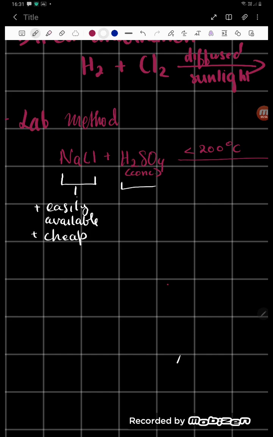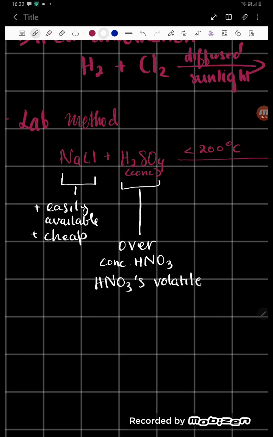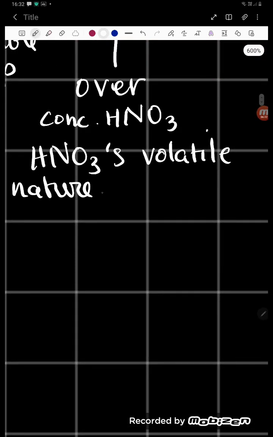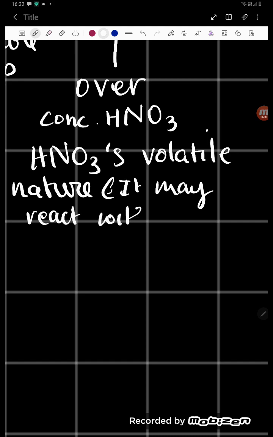And H2SO4 is considered over concentrated HNO3 because of HNO3's volatile nature. If that happens, it may react with hydrogen chloride.